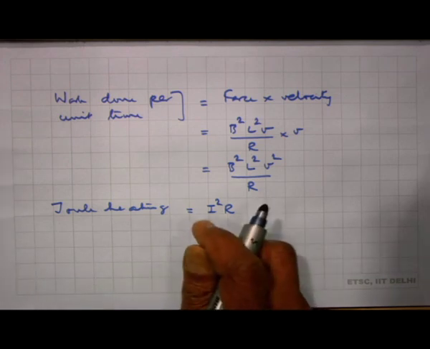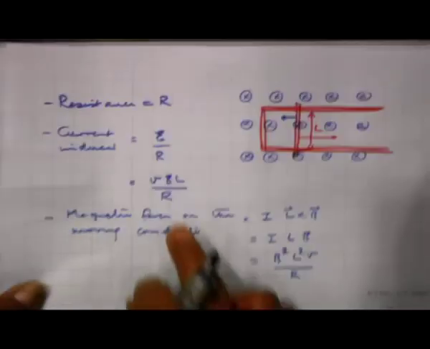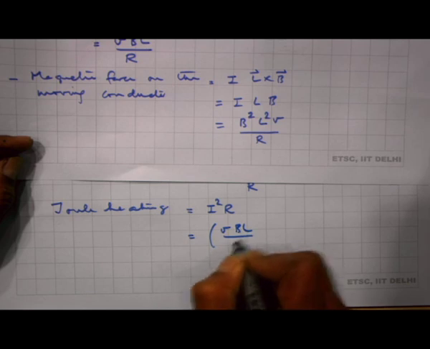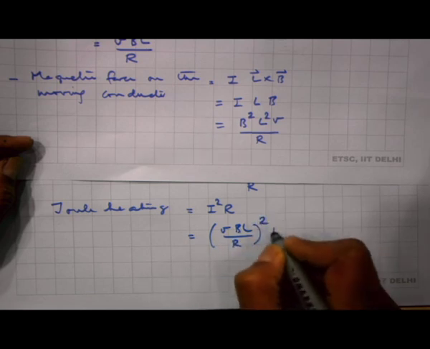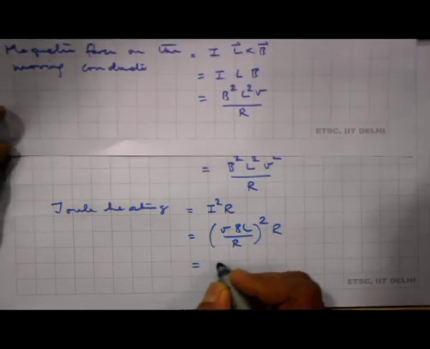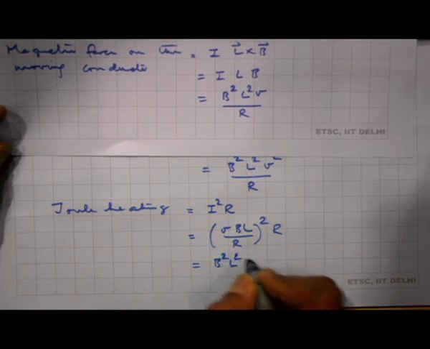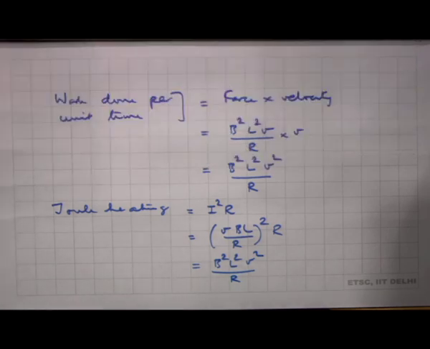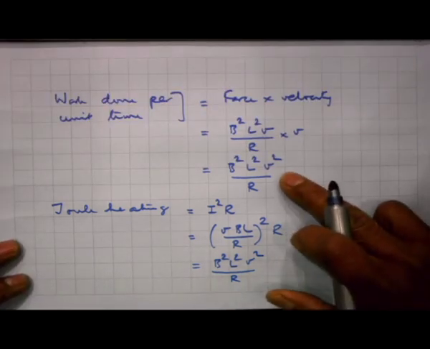So, we have calculated the value of the current, v B L by R. So, I get v B L by R whole square into R, which is nothing but B square L square v square by R, exactly the same as the work that I have to do to pull the wire.